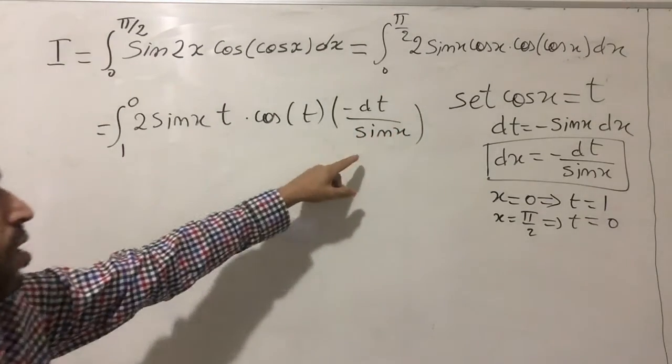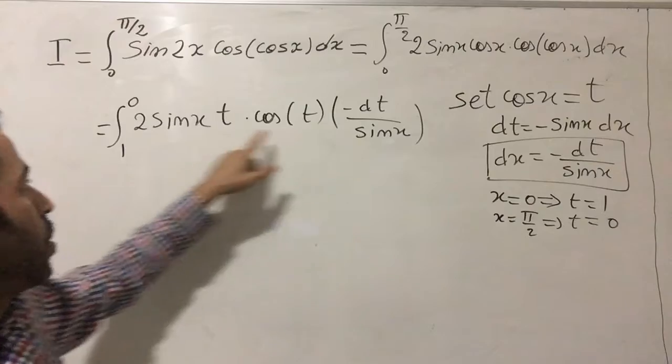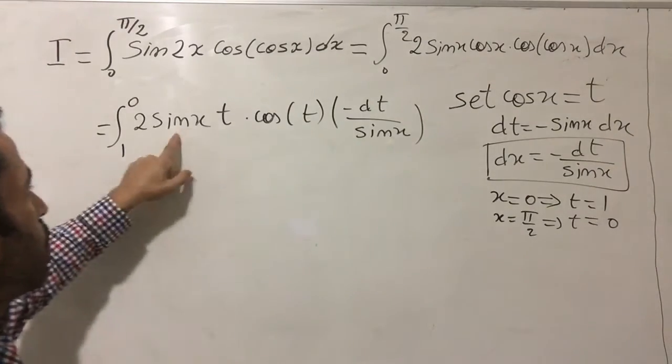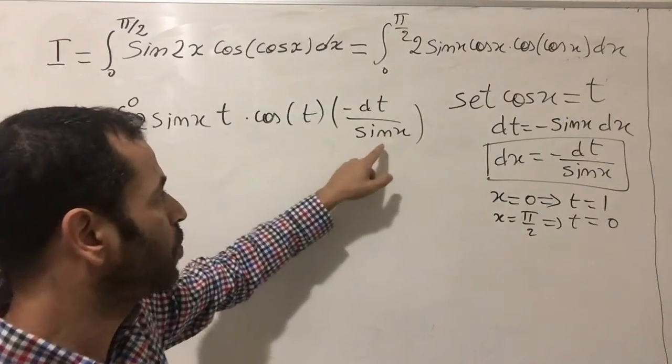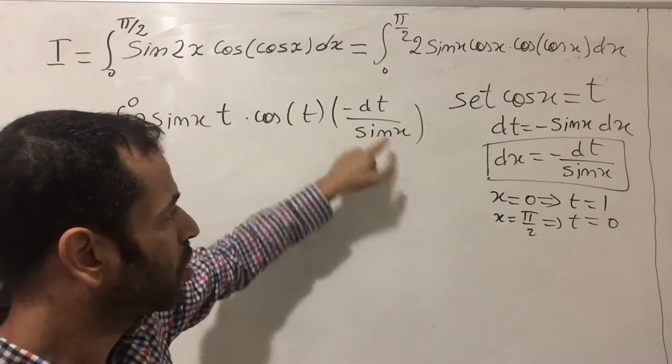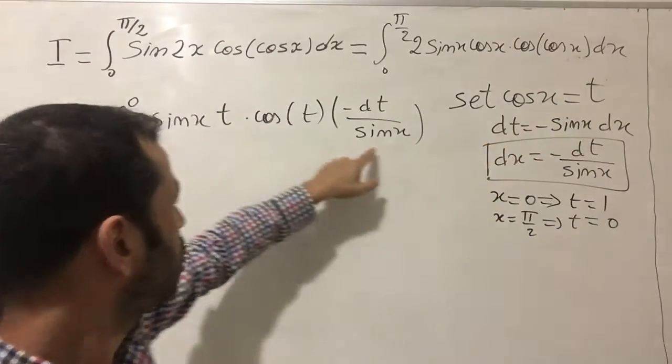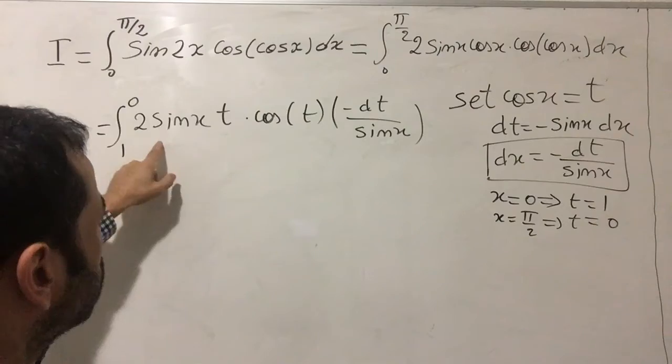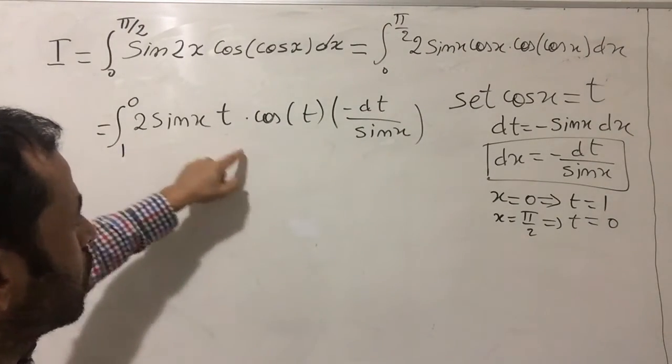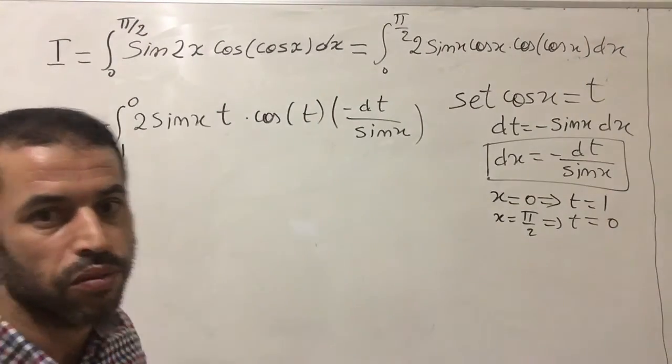You see the sine x that I mentioned before will now be simplified. If you had previously replaced sine x by the substitution, you would not be able to simplify this sine x, and then your integral becomes more challenging.